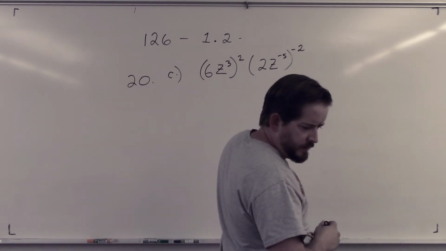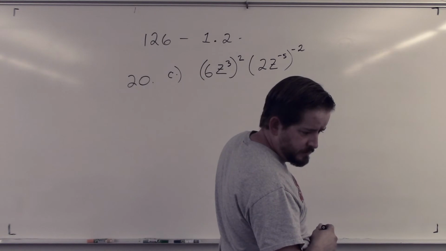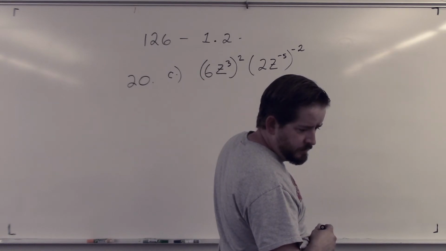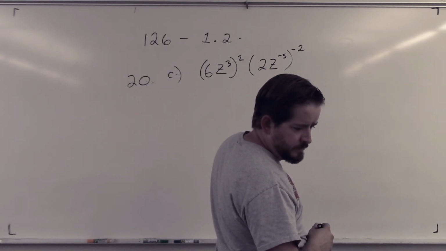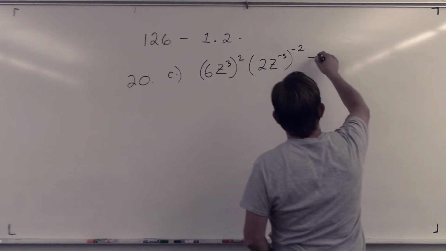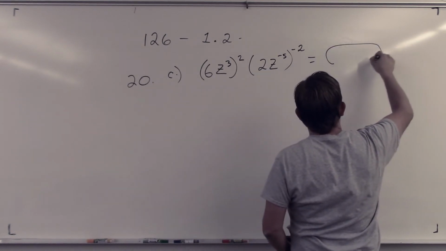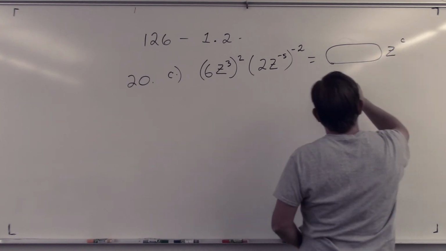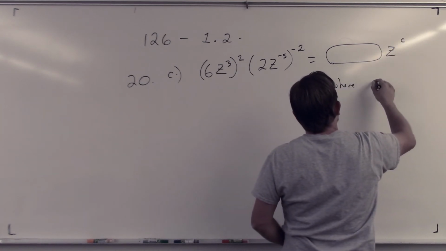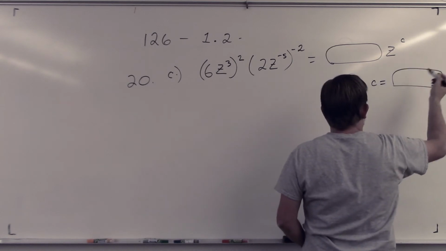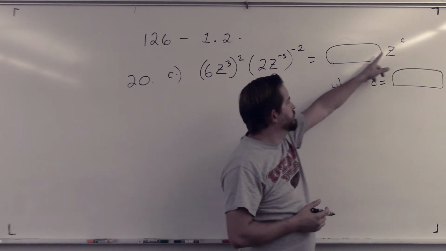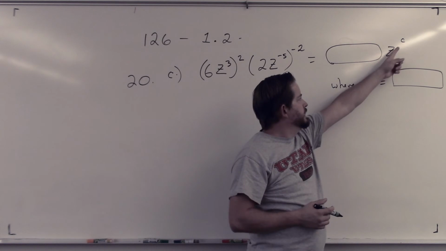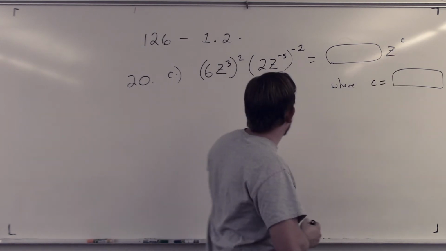Okay. And this is equal to, they have an input box for the number in front, and then z to the c, and then it says where c is equal to what? So there's two inputs. There's the number in front of the expression, and then c gets input down there.